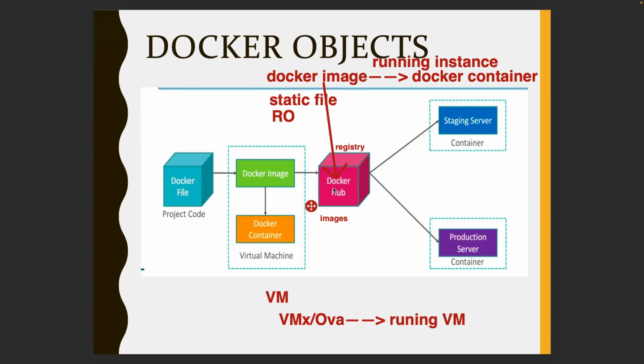You can download the image from here and start the containers. For example, HTTPD images are available, Nginx images are available. All the standard services are available as images. You can download and use them if you want any of those services.